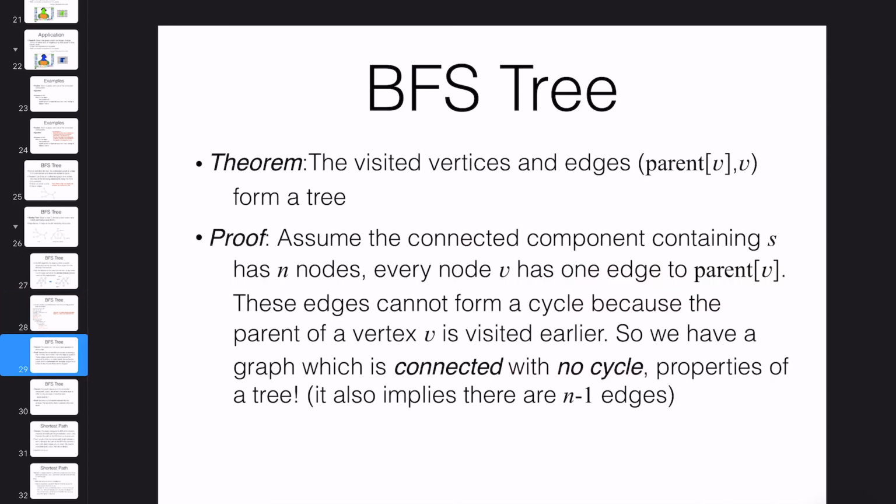So these are, in fact, the theorems that we have about BFS. If you create a tree by using all the edges like parent of v and v, this is going to give you a tree that we call a BFS tree. We can prove that this is a tree, there is no loop in that, and it is connected.